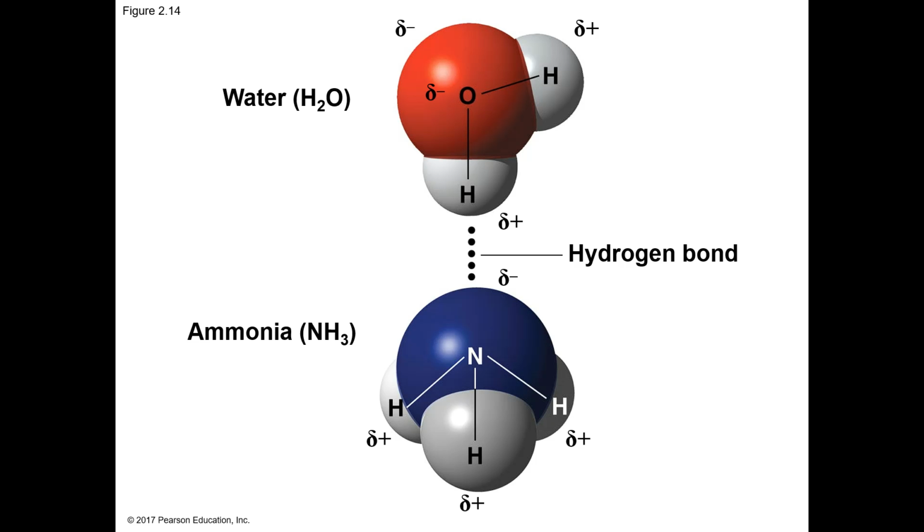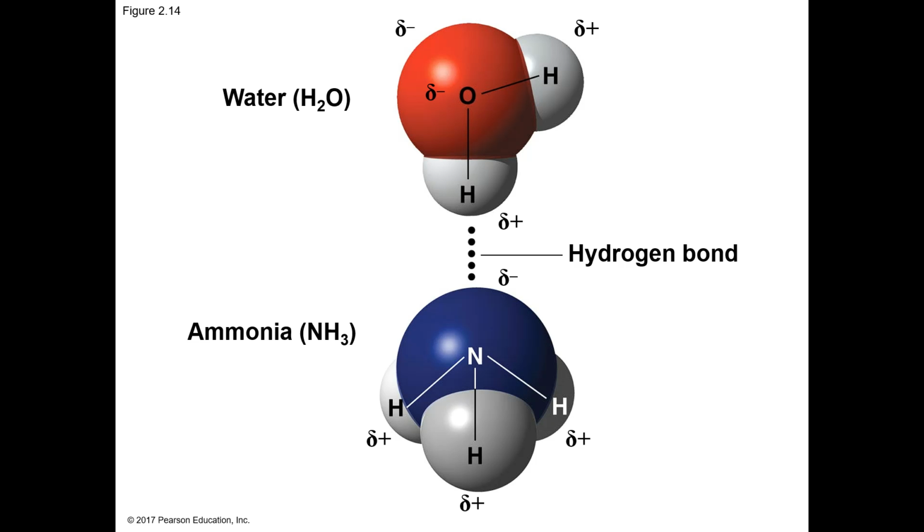You have an ammonia molecule at the bottom, which is nitrogen with 3 hydrogens, with its partially positive side and partially negative side. Now notice the partially negative side of the nitrogen itself, the blue, is attracted to the partially positive hydrogen, which is also already attracted to another electronegative atom, the oxygen.